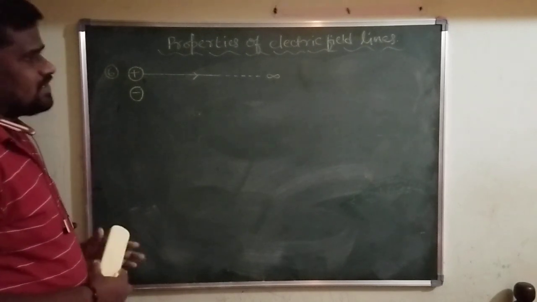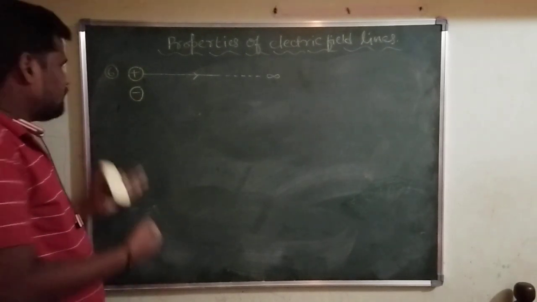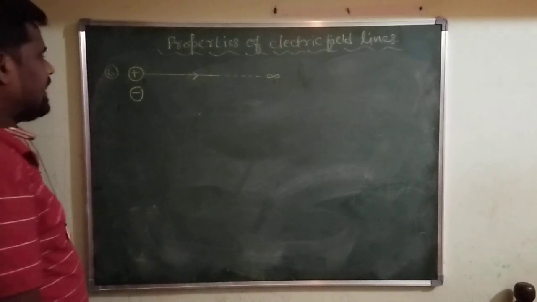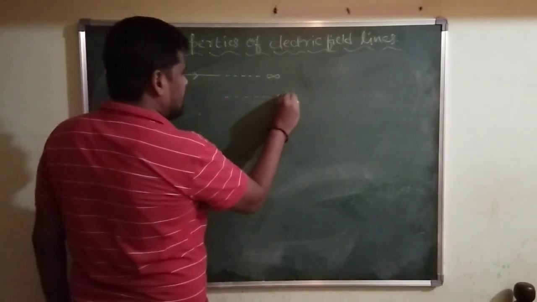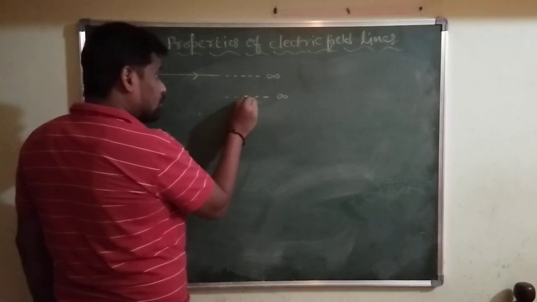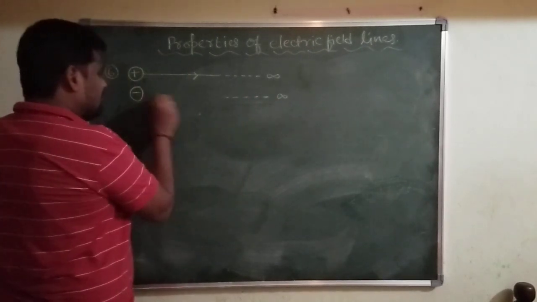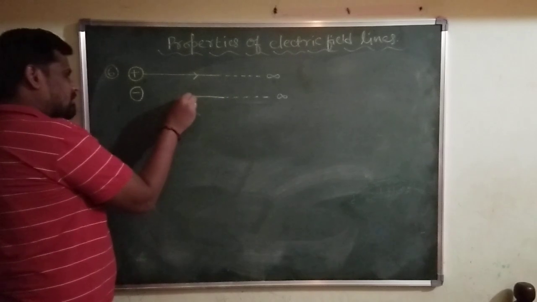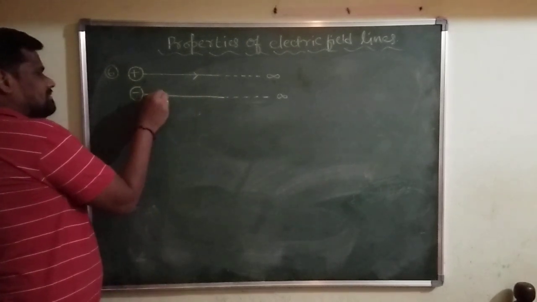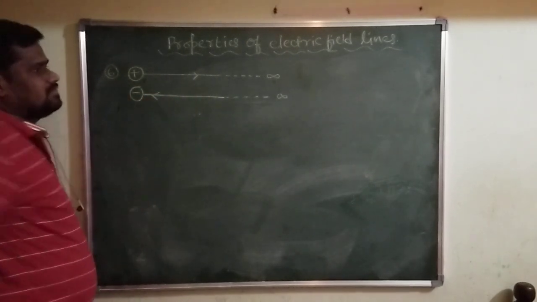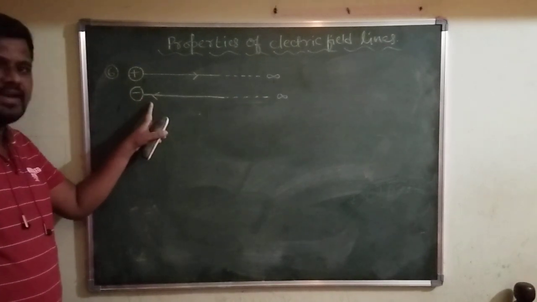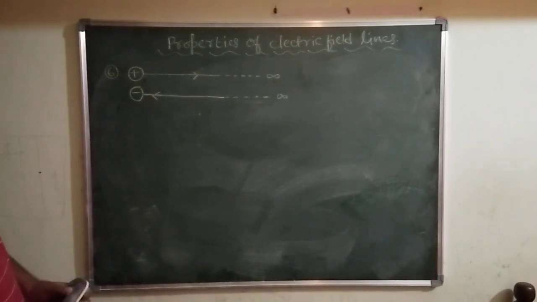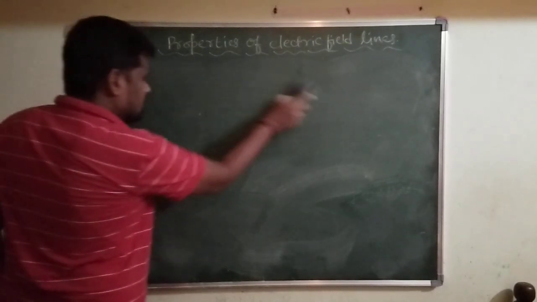If it is towards the charge, what will be the property for a negative charge? For a negative charge, they will start from infinity and they will end at the charge. So this is the next property of electric field lines. We'll write here.